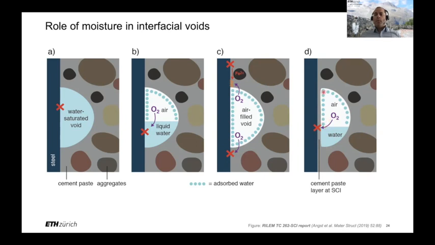And at the same time, we have a very nearby reservoir of oxygen that could facilitate chloride-induced corrosion initiation. Now, I have to emphasize that these are all currently hypotheses, and there is certainly more research needed in order to clearly elucidate the role of interfacial voids in corrosion initiation in concrete.